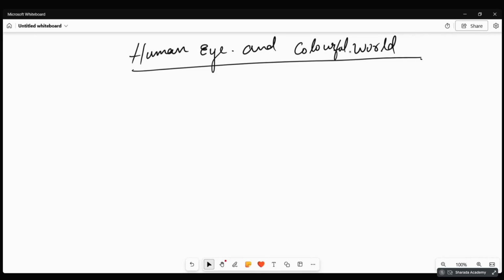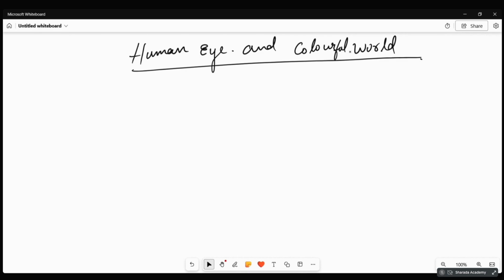At the blind spot those cells are not present at that one point, so the nerves cannot carry the information of the image formed there. That's why we call it a blind spot.